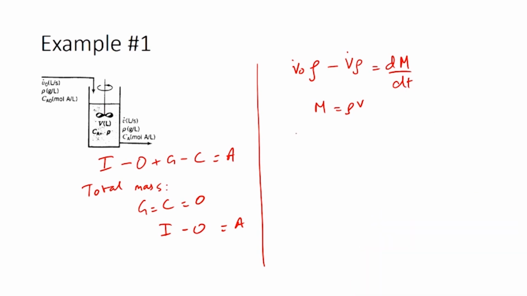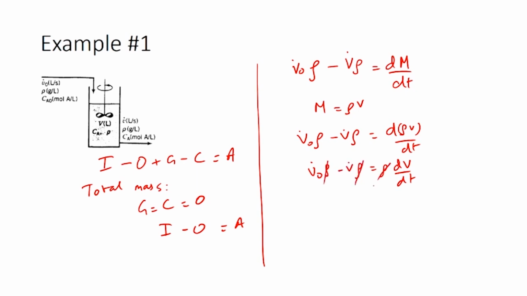So, the equation then becomes V naught dot rho minus V dot rho equals d of rho V by dt, where rho is actually a constant, so it can be taken out of the differential. So, it will become rho dV by dt equals V naught dot rho minus V dot rho.